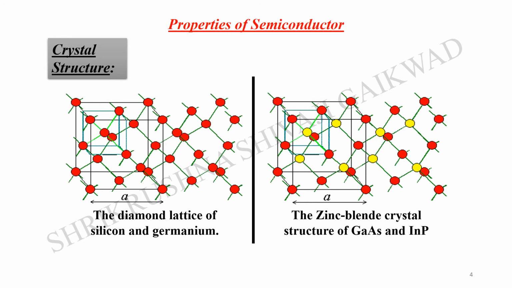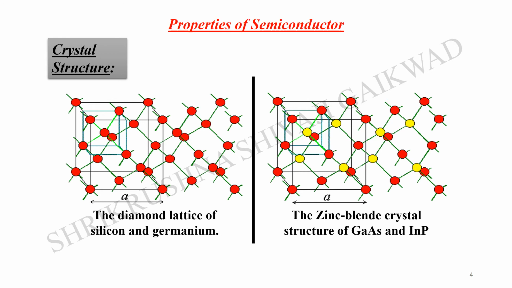Okay, here you can see the yellow atoms which are surrounded by the four nearest neighbors. One of the atoms is on the corner and the remaining 3 are on the nearest faces of that crystal structure.